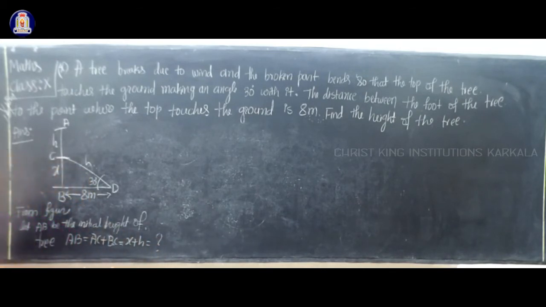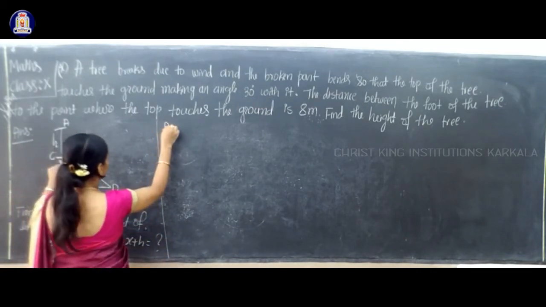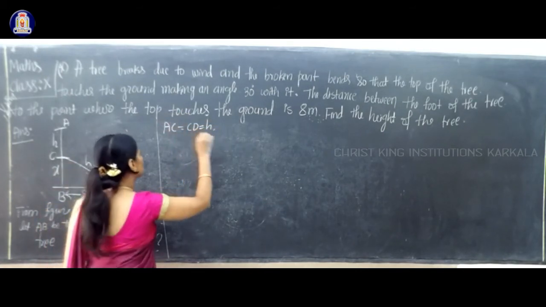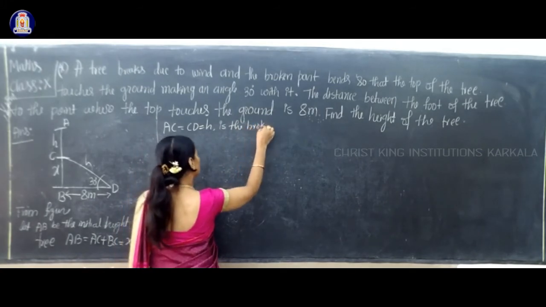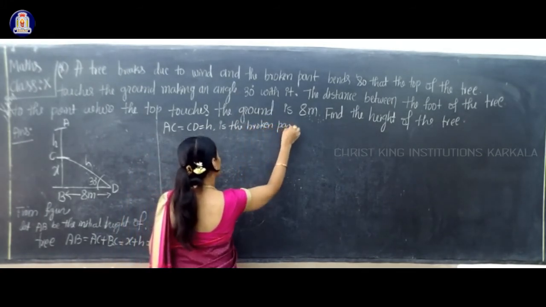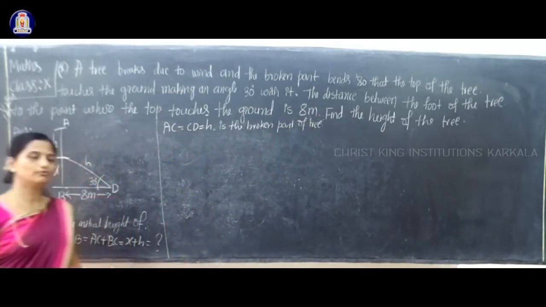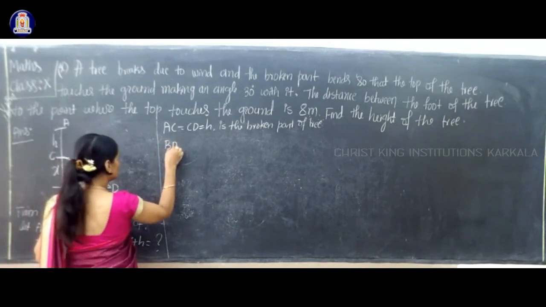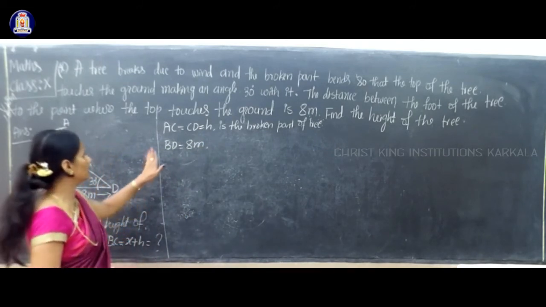That is to find out, that is your question now, the height of the tree. Now next, AC is equal to CD, that is equal to H, which is the broken part of the tree. Next, BD is equal to 8 meter.